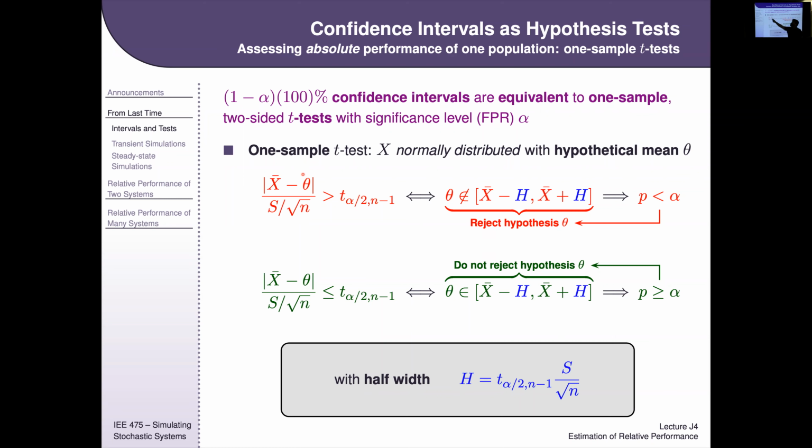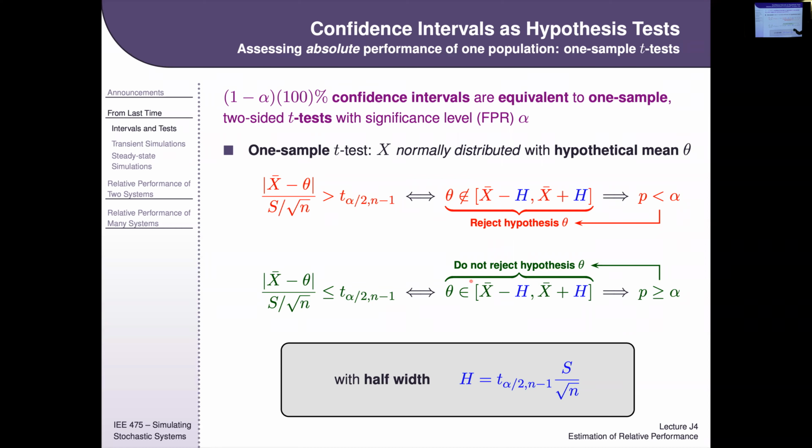If that hypothesis is rejected, that is equivalent to saying it is outside of the corresponding confidence interval. Down here, if a hypothesis is not rejected, that's the conditions down here for a t-test, that is equivalent to saying that the hypothesis is in the confidence interval over here.